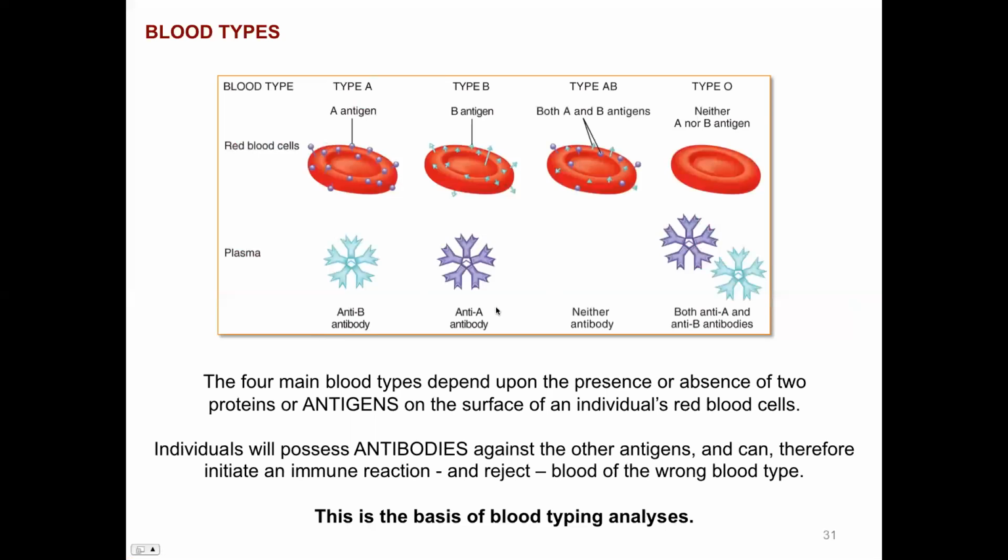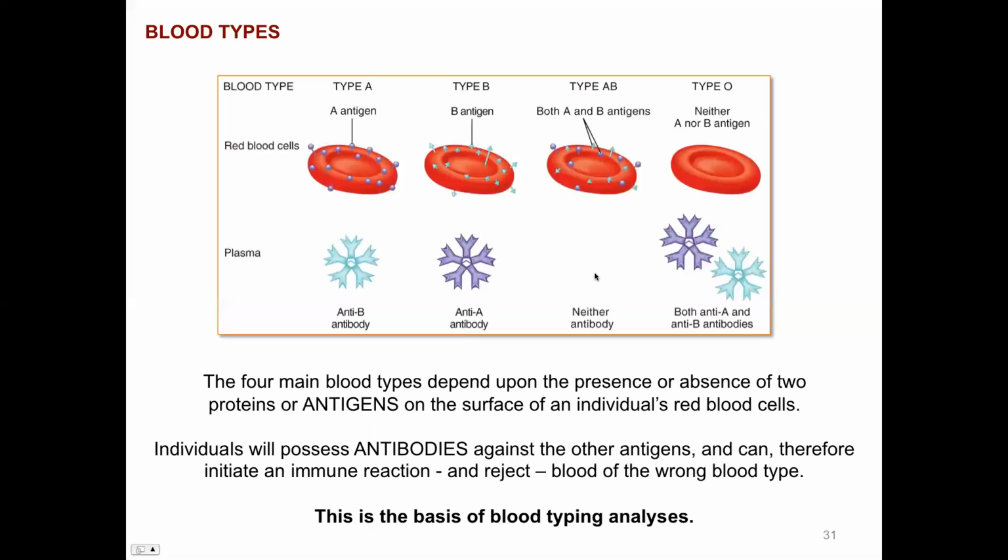On the same token, if somebody is type B and they don't have the A protein, they make antibodies to the A protein. So that's the anti-A antibody, all right? Now, if you're type AB, all right, you don't want to make either of those antibodies because then you're going to be rejecting your own blood. So you have neither of those antibodies, okay?